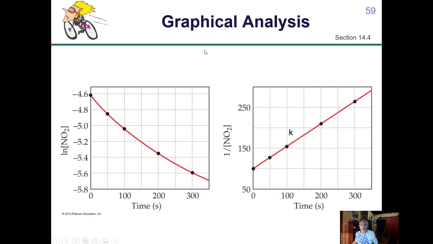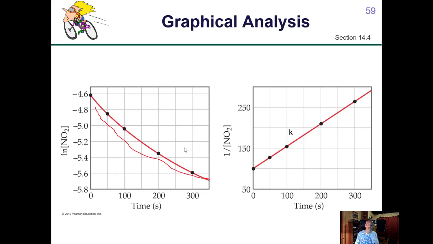This problem says, I don't know whether my data is for a first order or a second order reaction. So if I were to graph the natural log and it were a first order reaction, I should get a straight line with a negative slope. And I don't. I actually get a curve. It's not very curved, but it's definitely not a straight line.